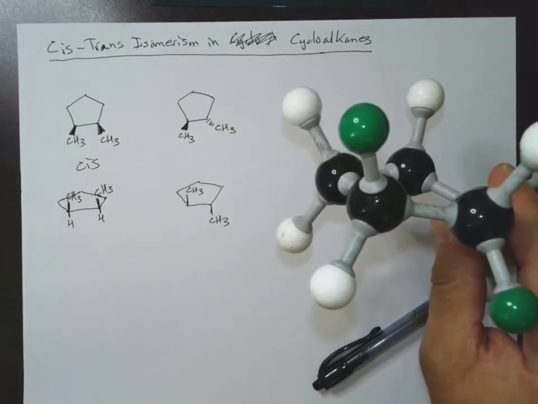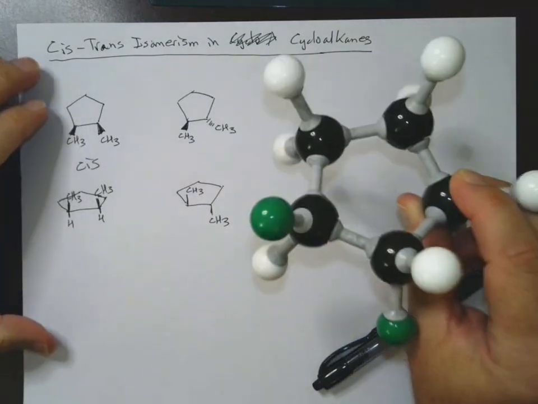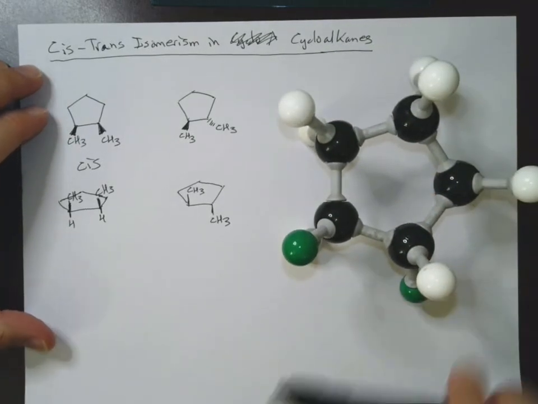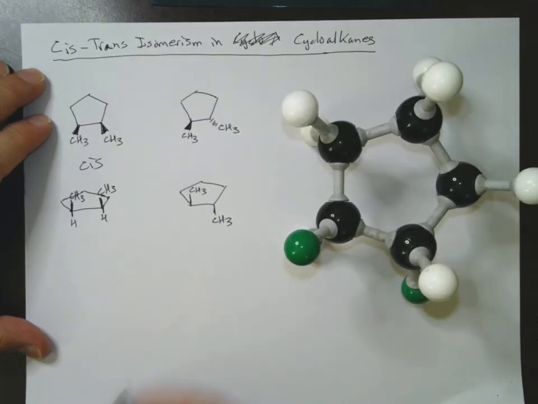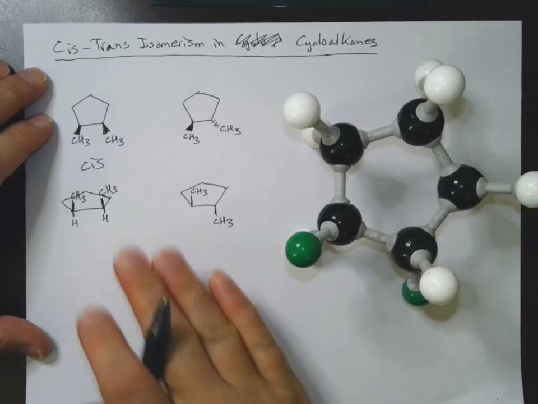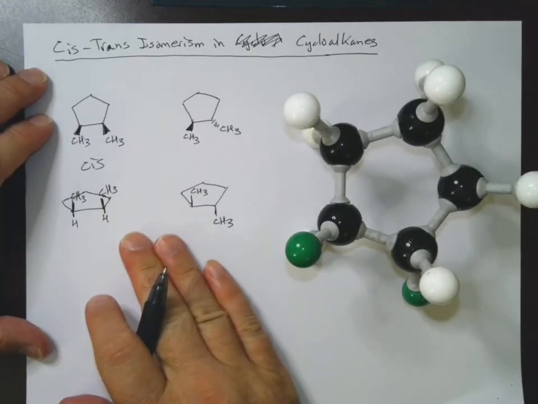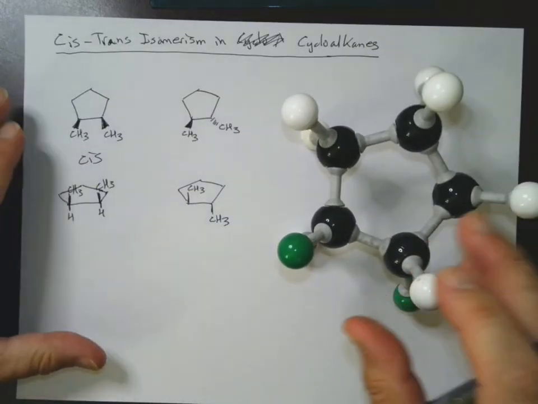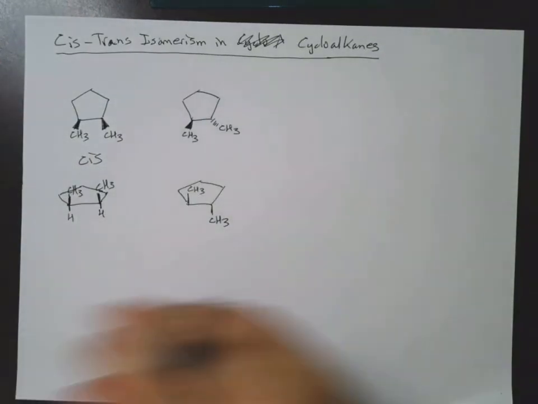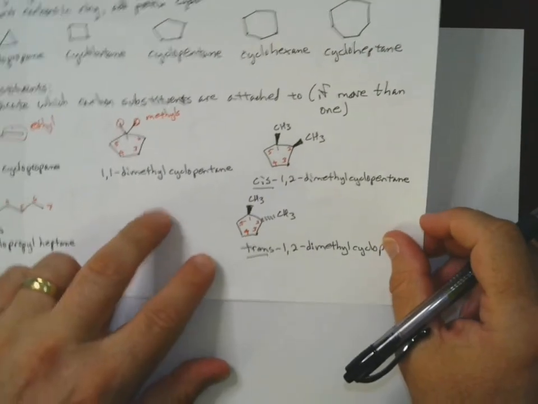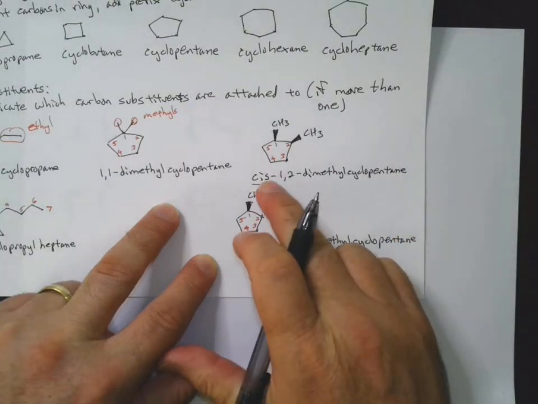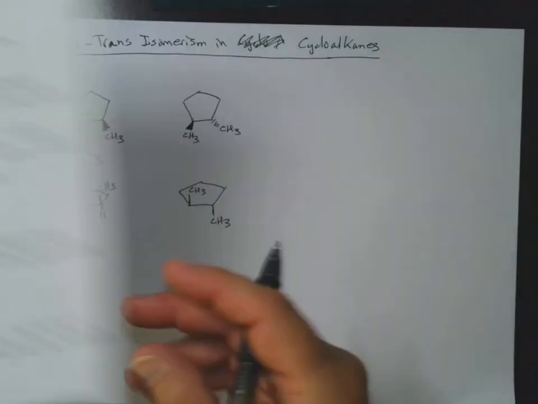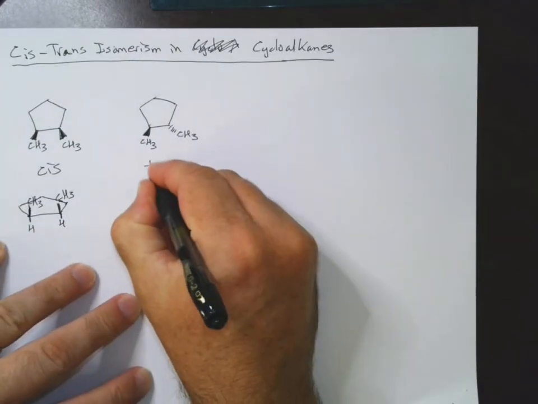We talked a little bit back in the lab activity about IR spectroscopy, and about cis and trans for alkenes. Well, cycloalkanes can have cis and trans as well, and this is what cis and trans mean.